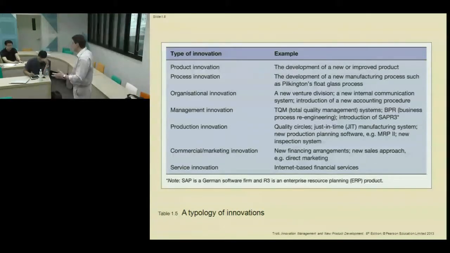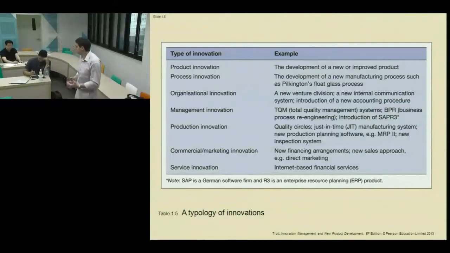MIS, I'm sure you all know about management information systems. We have production innovation, we have quality circles, just in time, the Japanese system, new production planning software, MRP, and so on. We have marketing innovation, the commercial aspect of innovation.